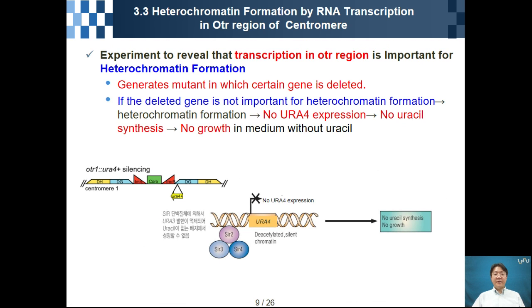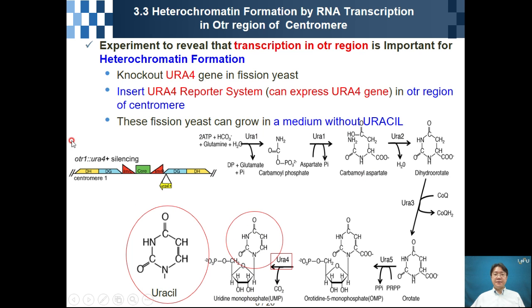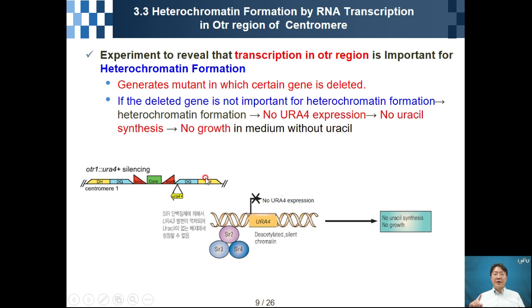After that, we can generate mutants in which a certain gene is deleted. We used this fission yeast to generate additional mutants in which a certain gene is deleted. If the deleted gene is not important for heterochromatin formation, heterochromatin formation will happen near this region.